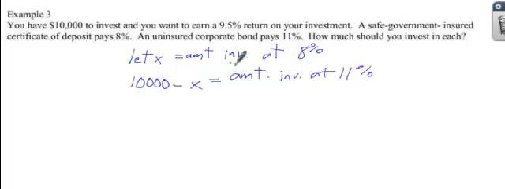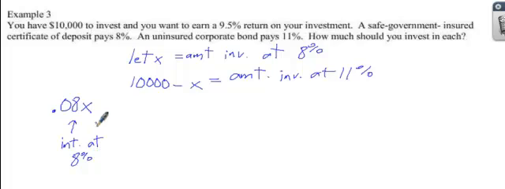Now we can write an equation that tells us the total amount of money we earn. Remember that your interest earned is going to be the amount you invest times the rate you invested at. So the amount I invest at 8% is X, and the rate is 0.08 as a decimal. So this is my interest at 8%.